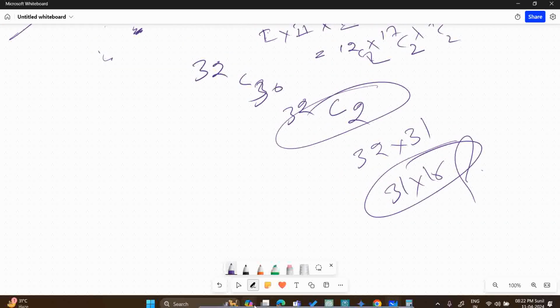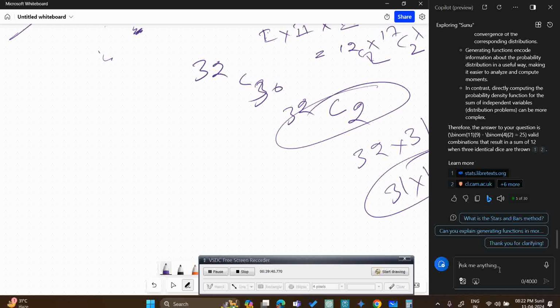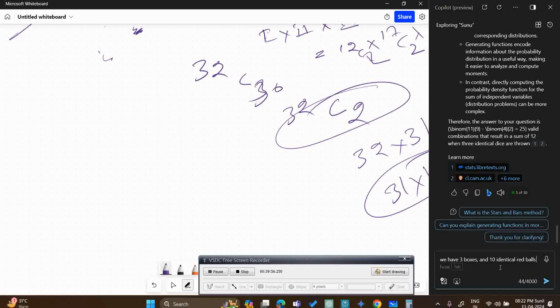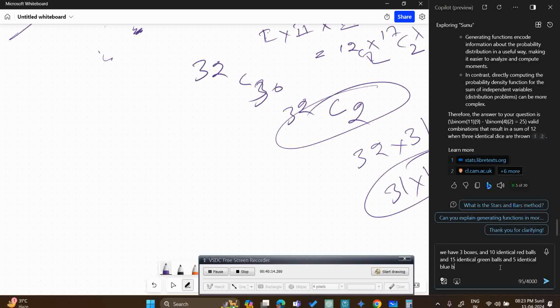Let's check on this. Is that the correct answer? We have three boxes and 10 identical red balls, 15 identical green balls and 5 identical blue balls.